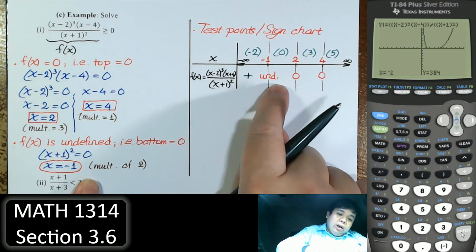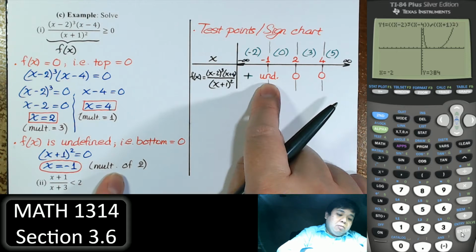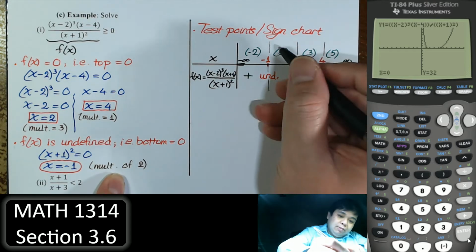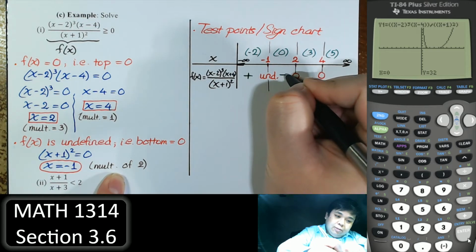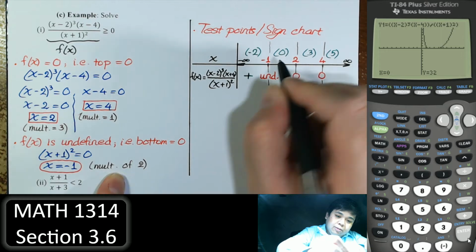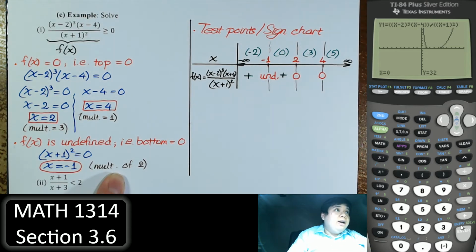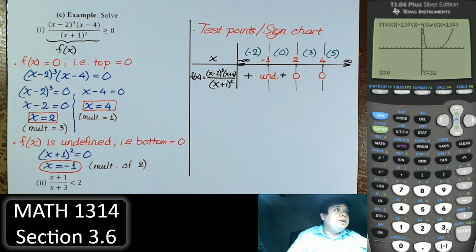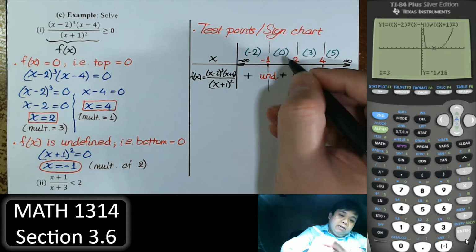Here we go by the even multiplicity, so the next one is also positive. And then the next one, 3, is negative.